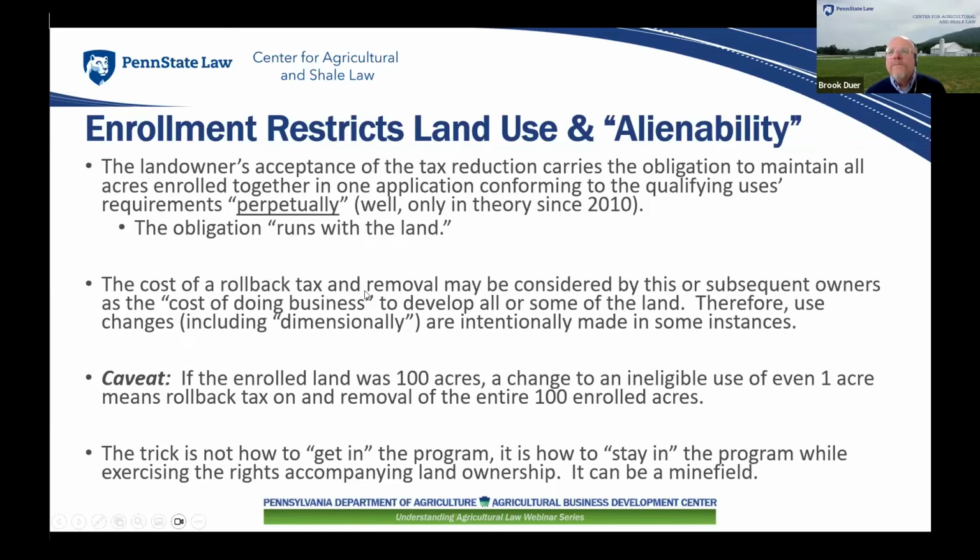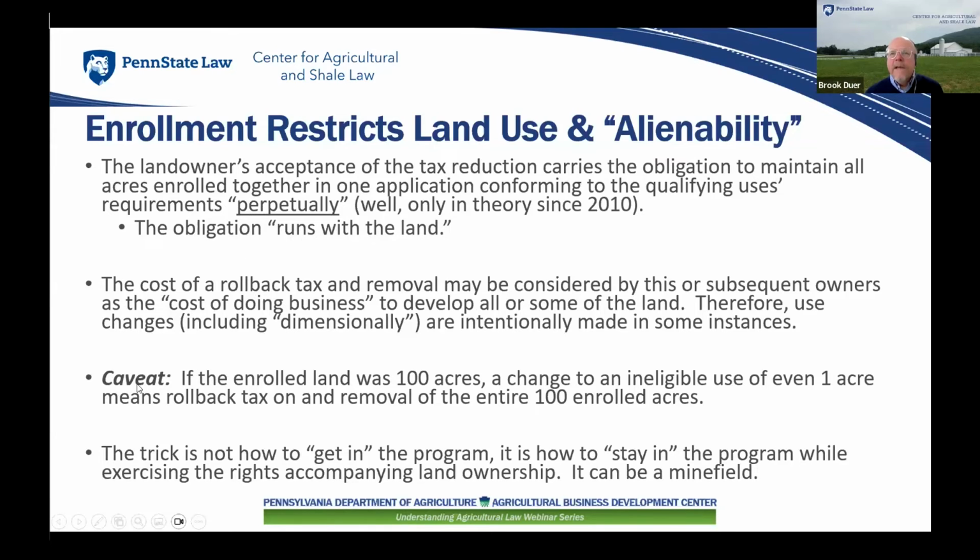However, in the case of a voluntary withdrawal, you can't actually re-enroll. So only a subsequent owner, not the same owner, only gets to withdraw once, and then that's it. That land, while it stays in their ownership, is forever unable to be re-enrolled. So there are pros and cons to how you go about doing things if for some reason you basically want to intentionally get out of the program.